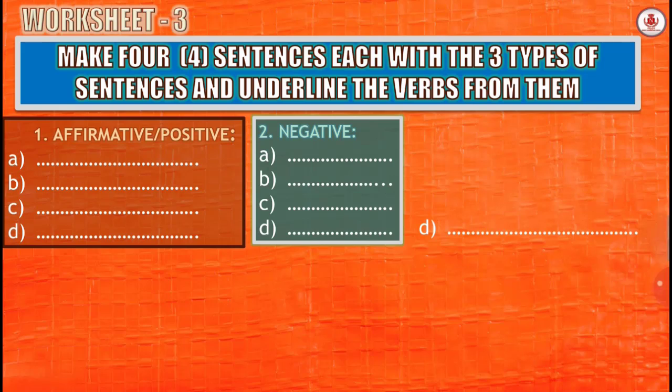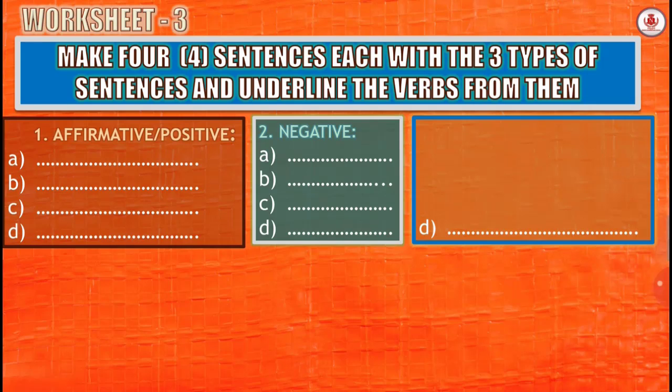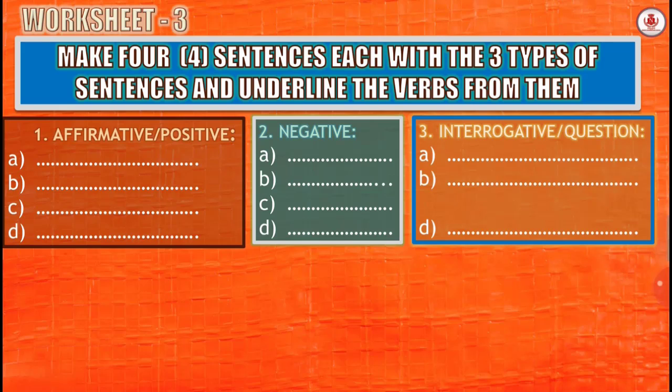You can write any sentence, but it has to be in a negative form. But here in the first one, it has to be in an affirmative or positive form. And then here the third one, interrogative or question sentence. Here you have to make four sentences, but that's not complete.